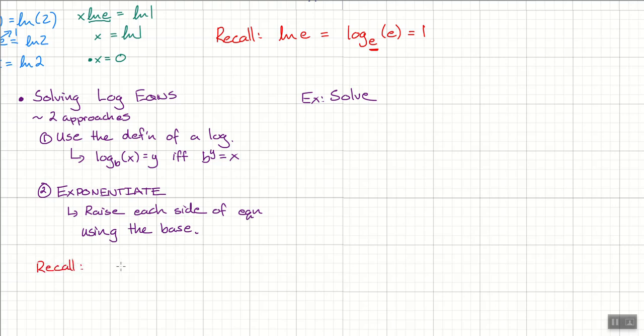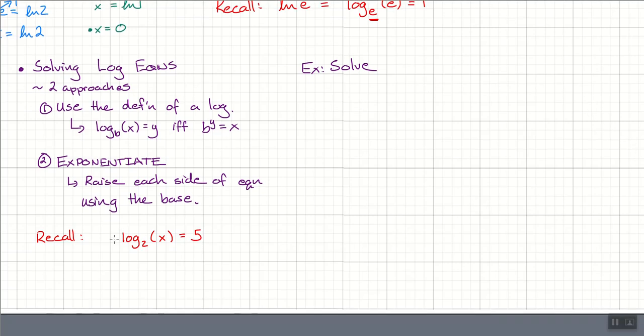If we have, let's say, log base 2 of x equals 5. Now, in this situation, the definition of the log seems like it might be easier, but here's what I'm going to identify.